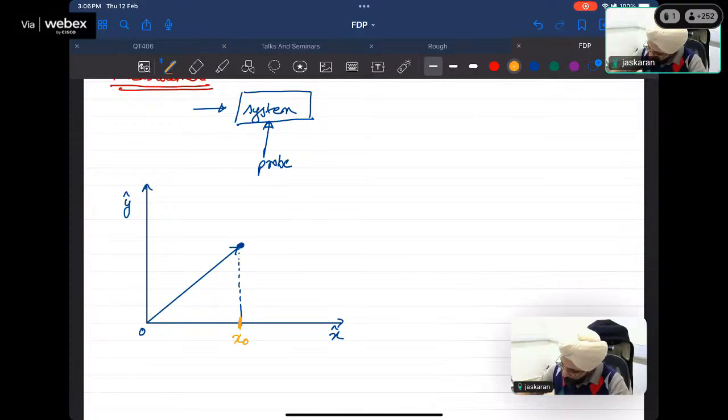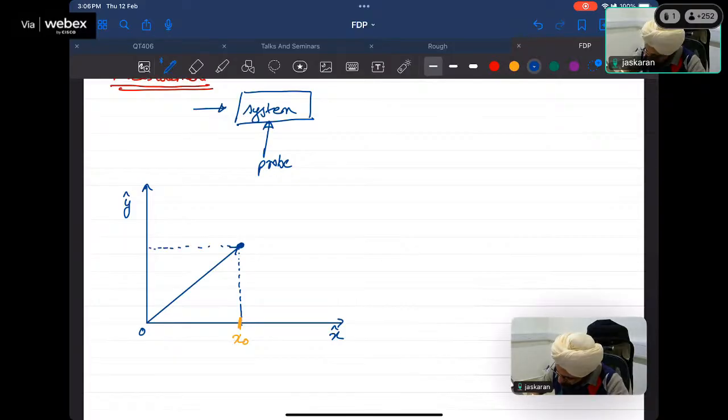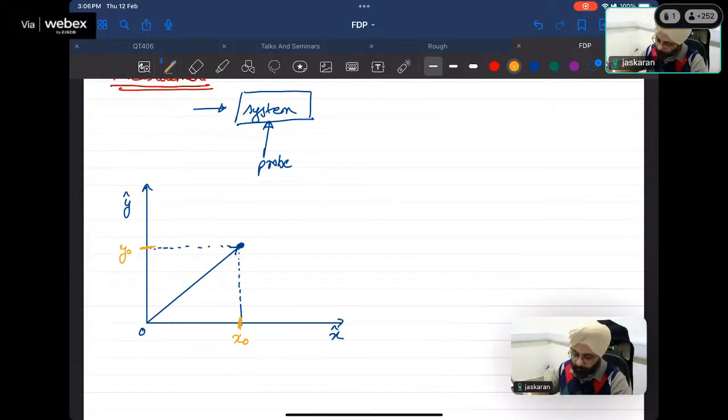Next, I take a similar projection along the y-axis, and let me call the value at which it intercepts the y-axis y0. Traditionally, I will say the particle is then located at x0, comma y0. So x0 is the projection along the x-axis, and y0 is the projection along the y-axis.